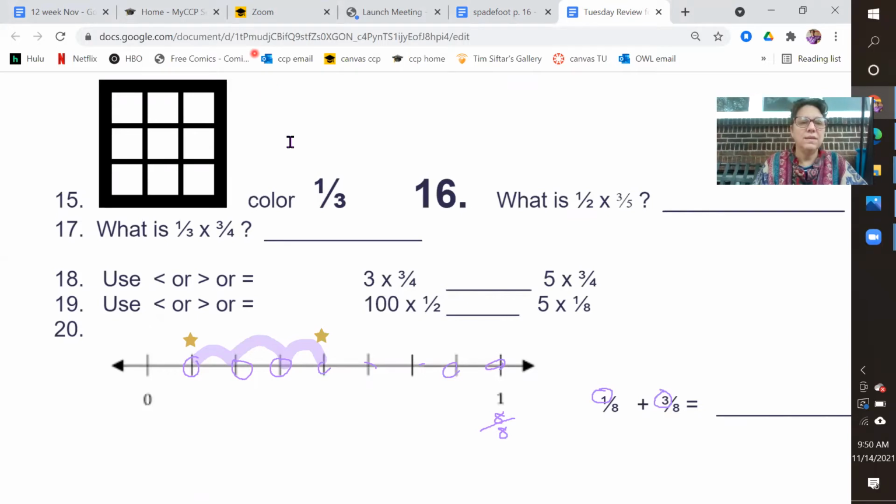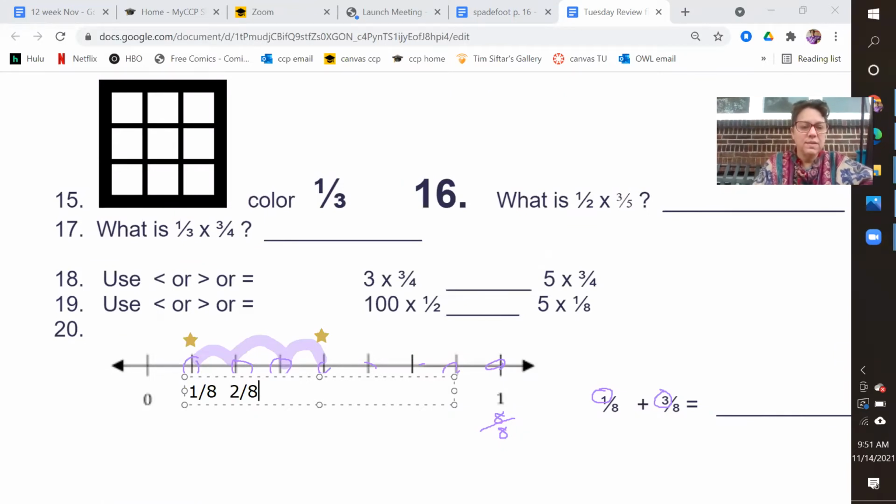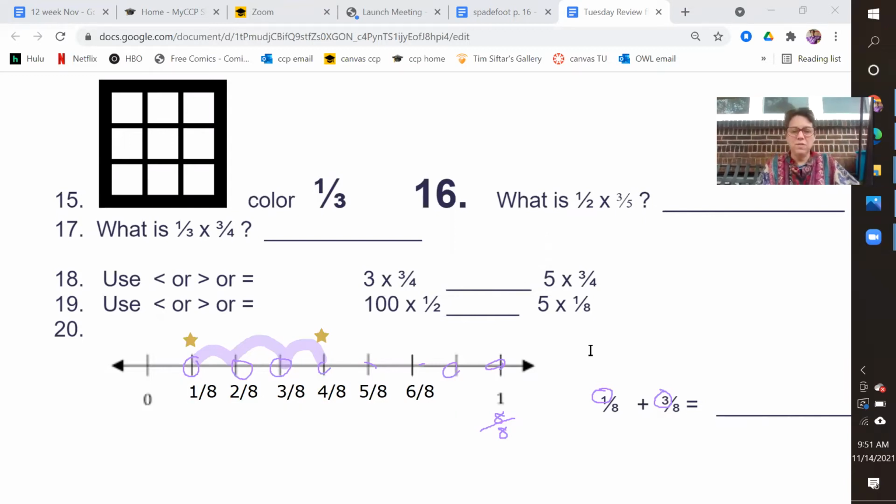Let me show you again. 1/8, 2/8, 3/8, 4/8, 5/8, 6/8. What do you think? Right? What's the last one? Of course, you know, and I showed you already. This is 8/8. So that's how you do this worksheet.